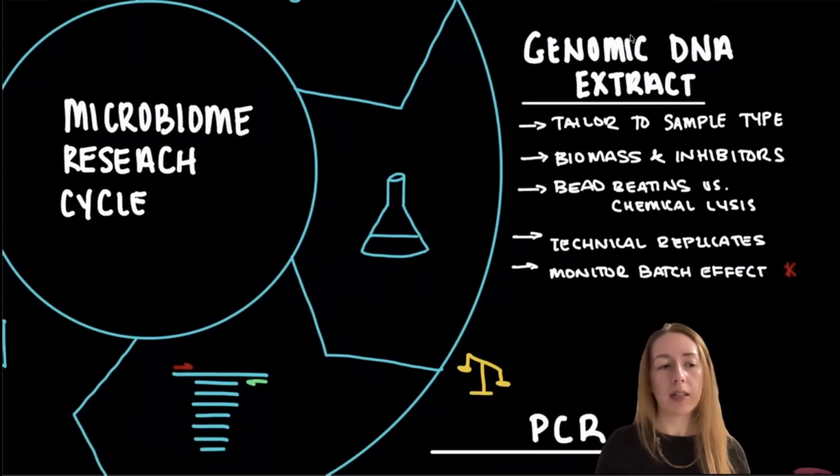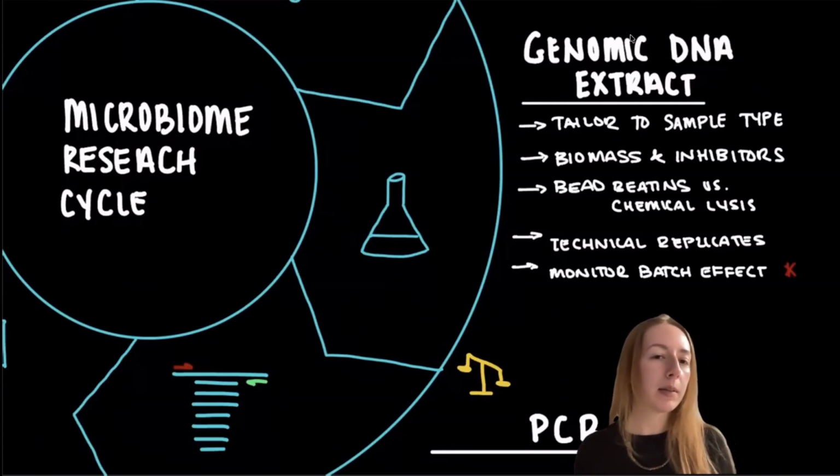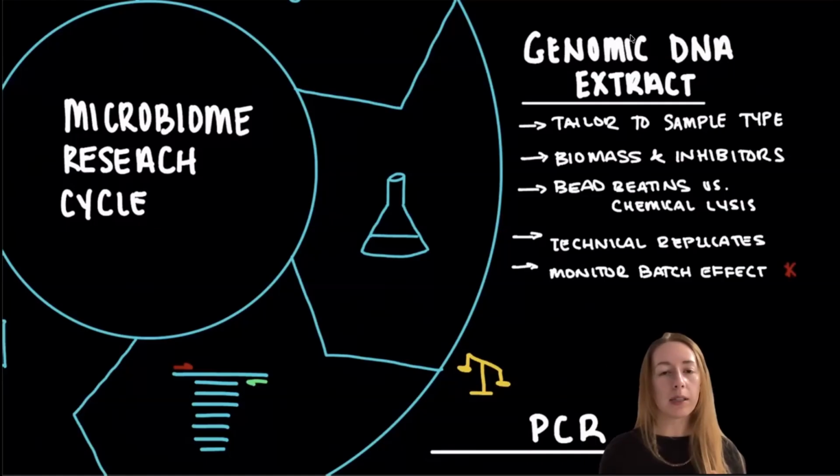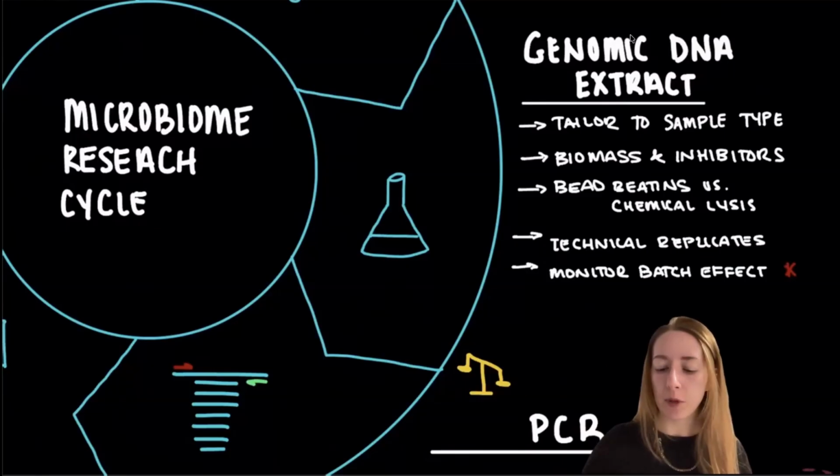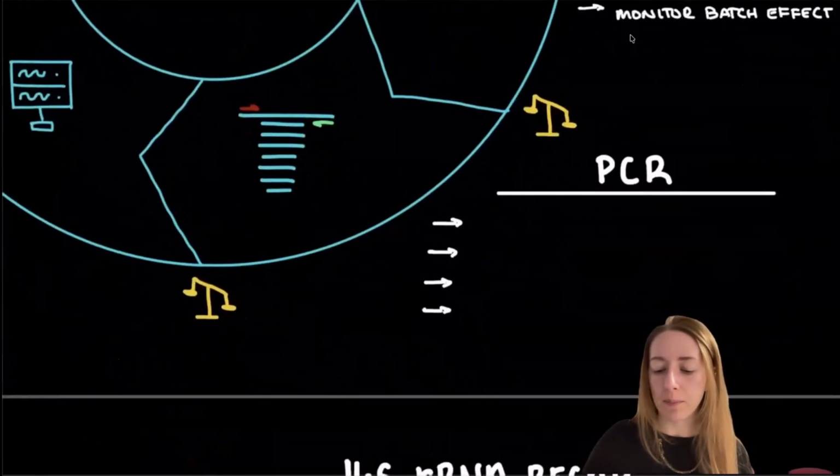So monitor the batch effect, which means if you're performing DNA extraction in batches or sequencing in batches, the small variations that you impose can create variations down the line that were not biologically true variations from your sample, but rather were introduced just by these different batches that you had.